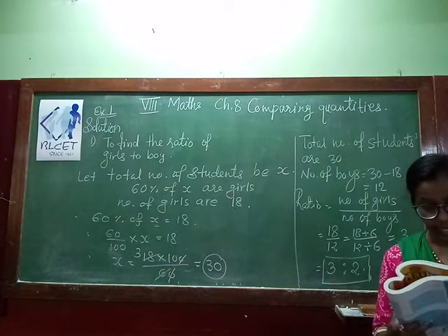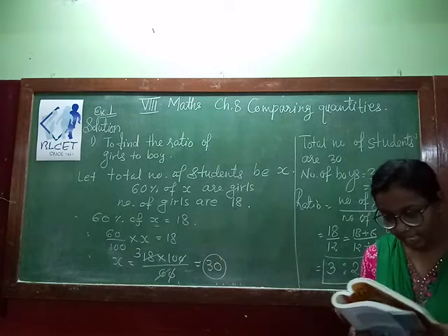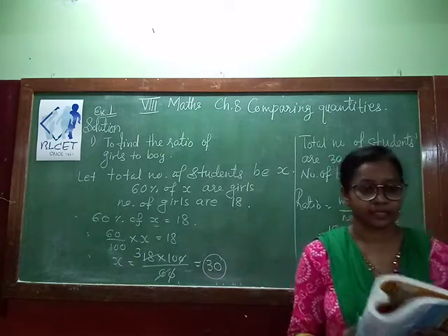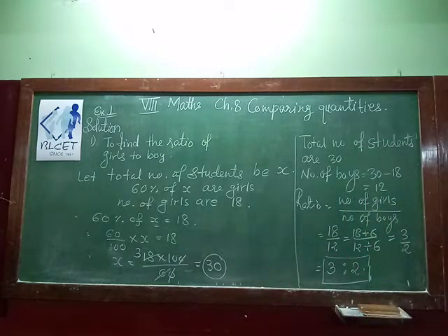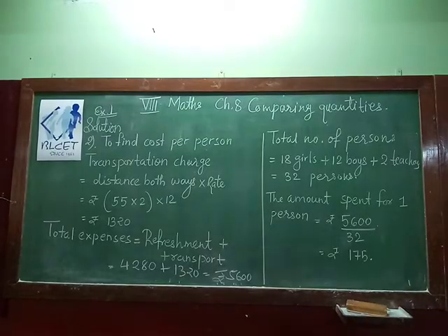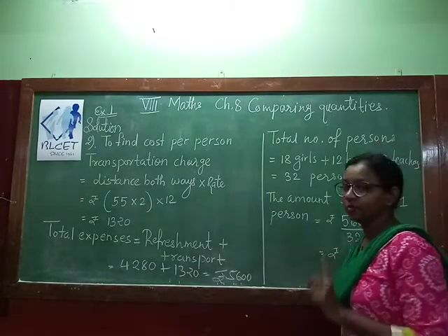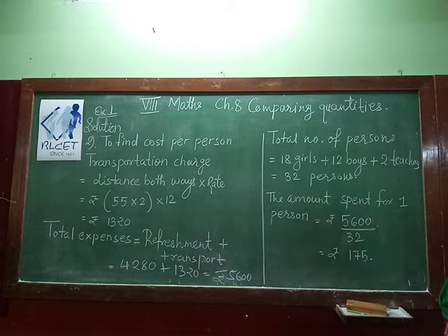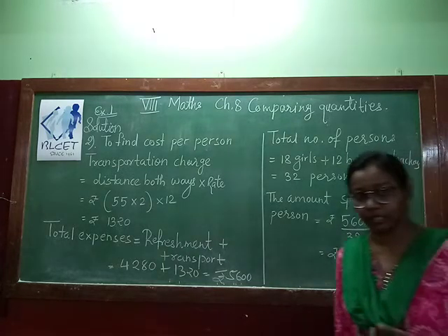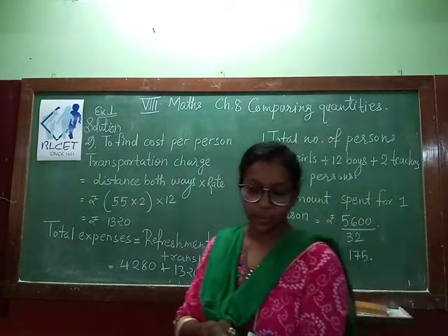The cost per head if 2 teachers are also going with the class. Now see the second part of the question. What you have to do here? To find the cost per person. Now according to the question, what data are given?